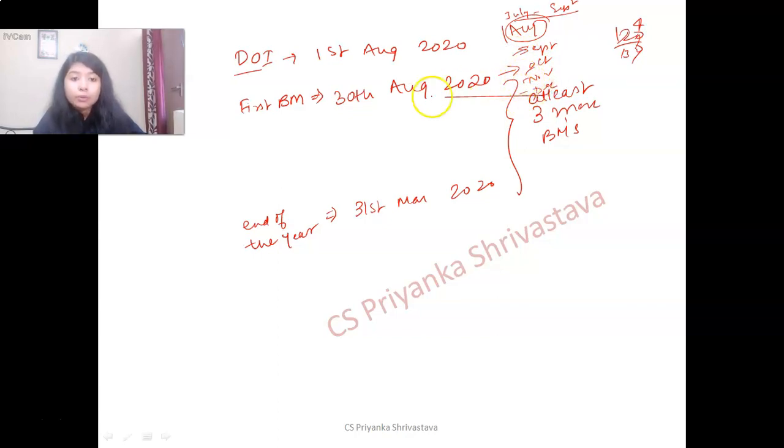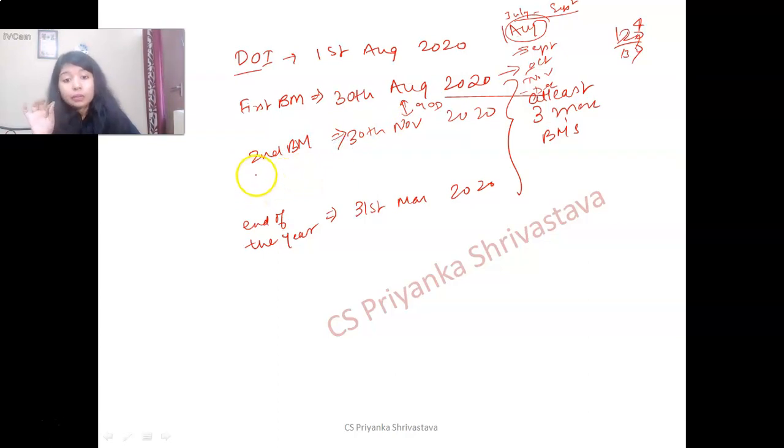Up to 31st December you need to conduct one more board meeting. Suppose you did it on 30th November 2020. The gap between these two is September, October, November: 30, 60, 90 days. So it is allowed. So it is the second board meeting.